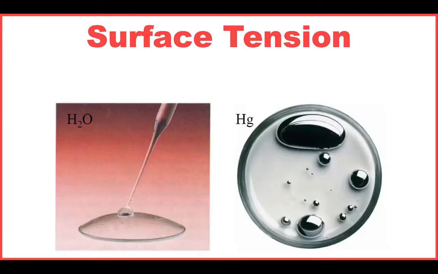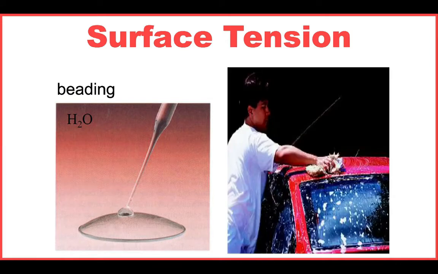So this figure is what we call beading. Beading happens when a polar substance is placed on a non-polar substance. For example, when cleaning something, a car, okay? So you use soaps or detergents, right? So why? How do they clean the surface?